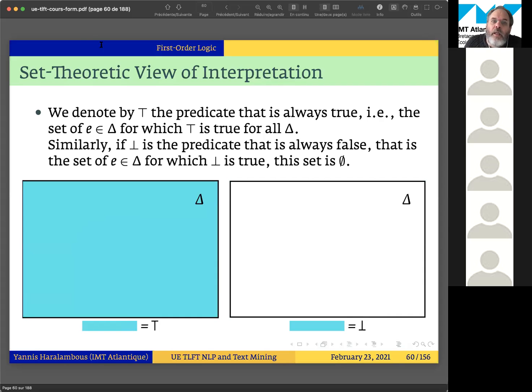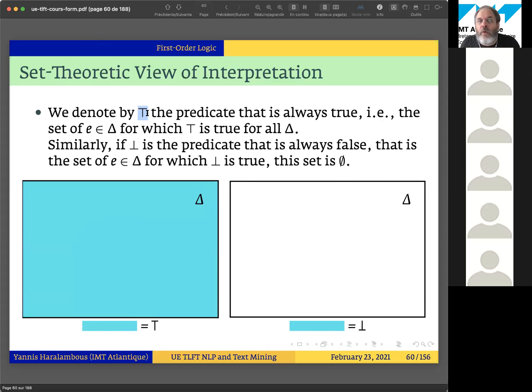If I take this, it is a predicate that is always true. It corresponds to the domain. Why? Because if I ask the question, for which element is this predicate true?